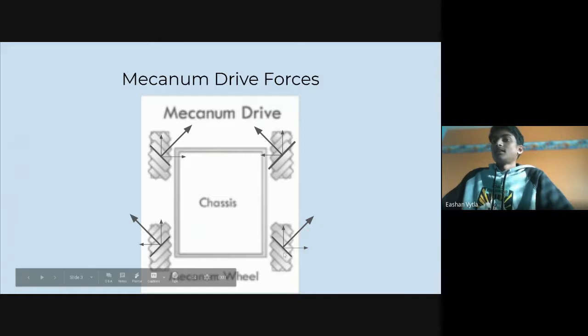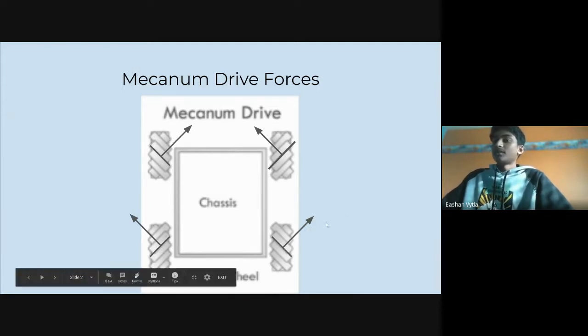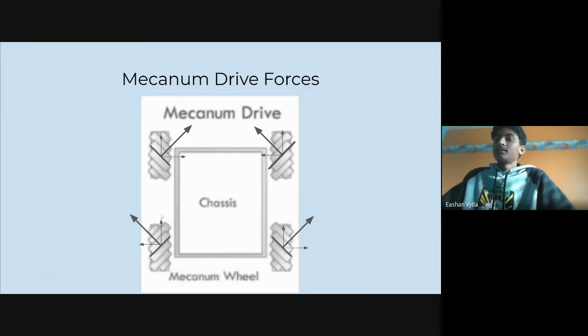You can notice that this one and this one are the same, and this one and this one are the same, which is interesting, because without even looking at the X-axis, we still saw that these have the same forces, same direction. Builders of the Mecanum drive specifically make it like this so that it can go in these unique directions.